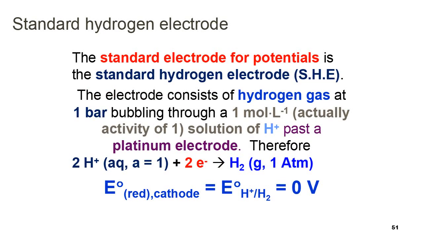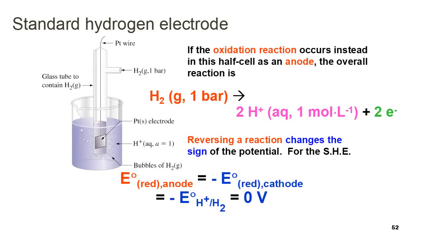Kindly note that the standard electrode for potentials is the standard hydrogen electrode. The electrode consists of hydrogen gas at 1 atmosphere which bubbles through a 1 mole per liter solution of hydrogen ions past a platinum electrode. If the oxidation reaction occurs instead in this half cell as an anode, the overall reaction oxidizes hydrogen atoms into ions.